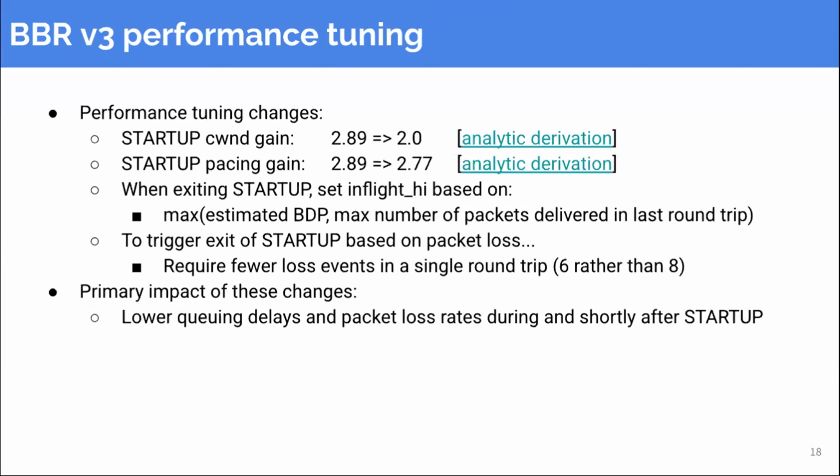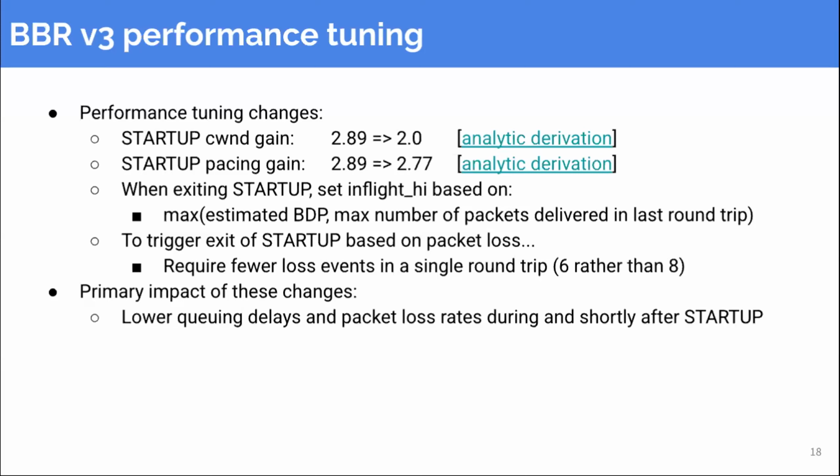There were two other small performance tuning changes. One is to tweak the way that we set some of the internal parameters based on the packet loss signals that we're seeing when we exit startup. And then finally, if we think about the high-level impact of all of these performance tuning changes, they all basically have the effect of lowering queuing delays and packet loss rates during startup and at the point where we are exiting startup and shortly thereafter.